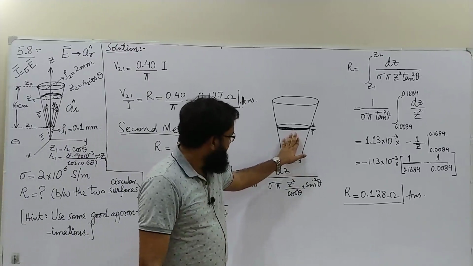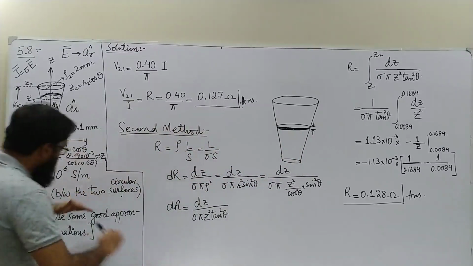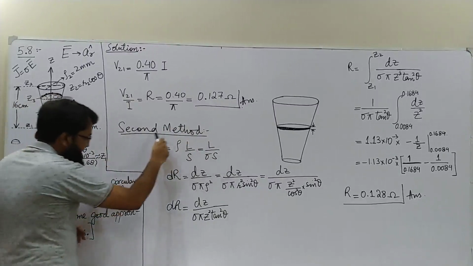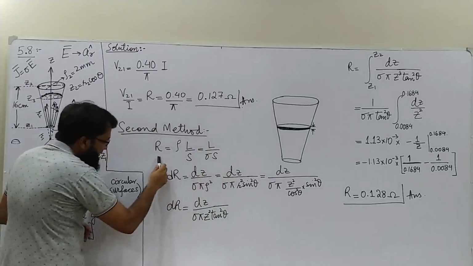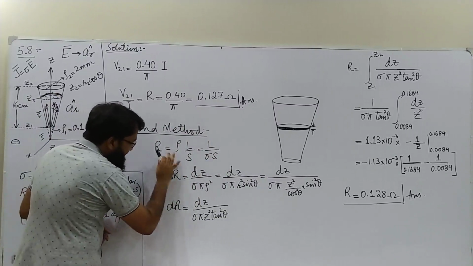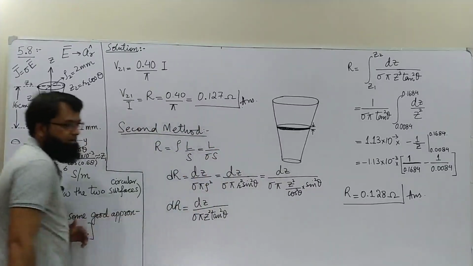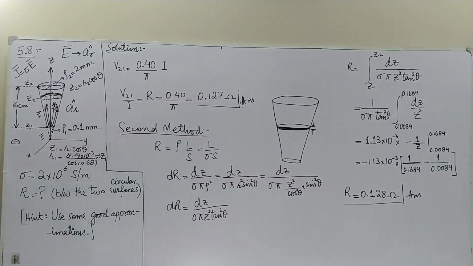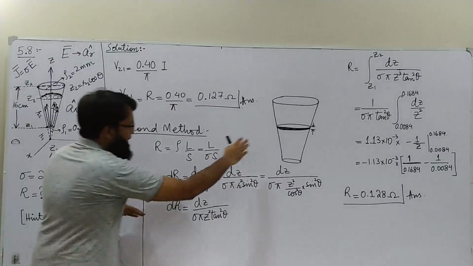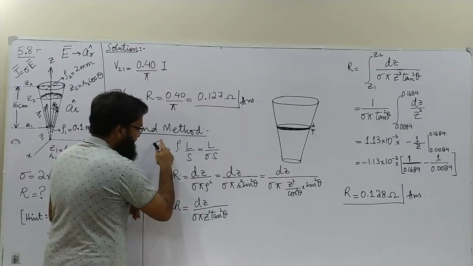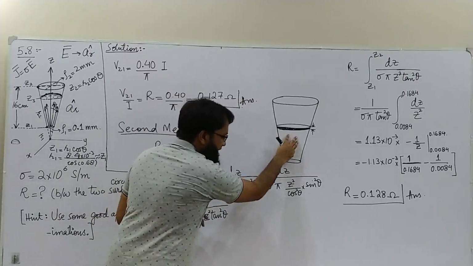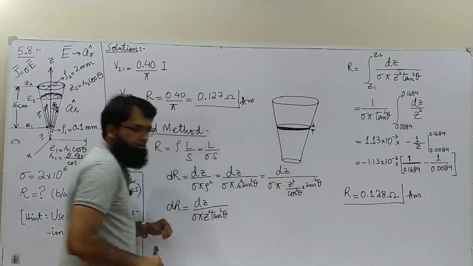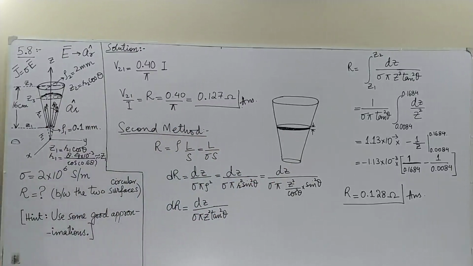So we are making an assumption while using this expression on a conical conductor. Making use of the approximation, we can apply this result, which was for a cylindrical conductor, on this conical conductor with little to no error in the answer.